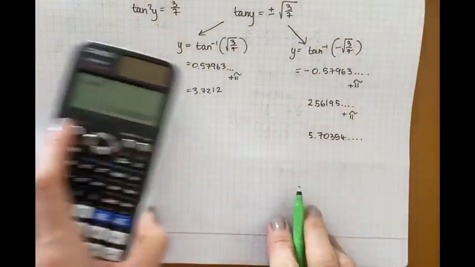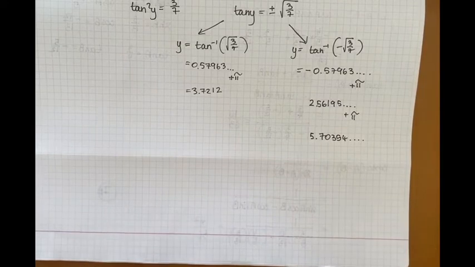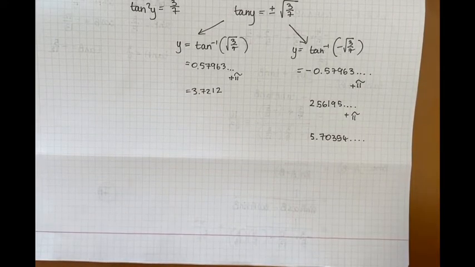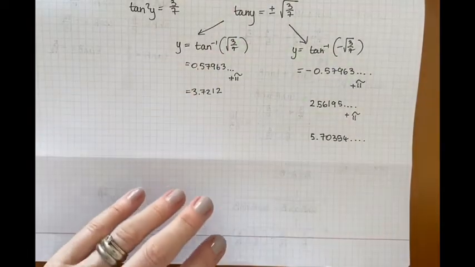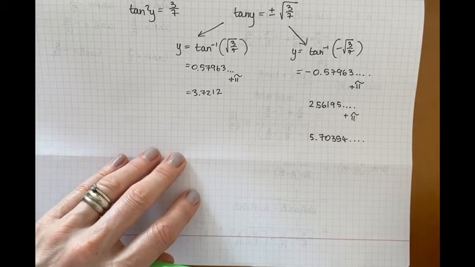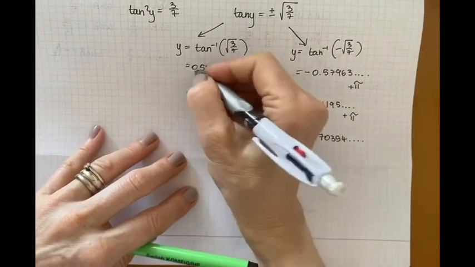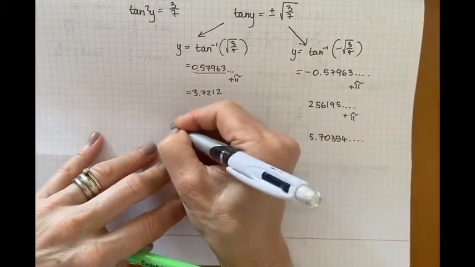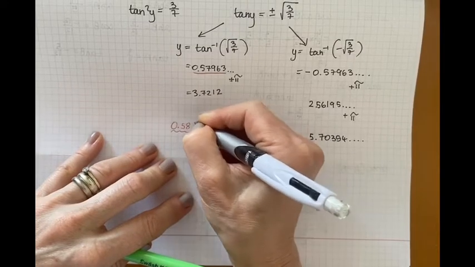There you go. So let's jot down the solutions. Let me just double check what is the degree of accuracy they wanted. 3 significant figures, I think. Or 2 decimal places. Okay, 2 decimal places. So the first one is this one, 0.58 radians.